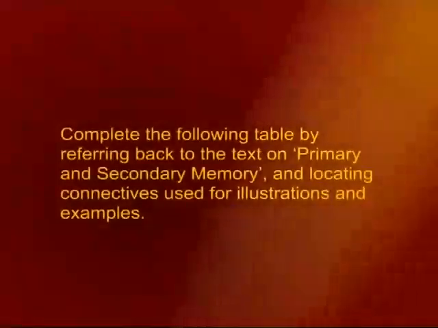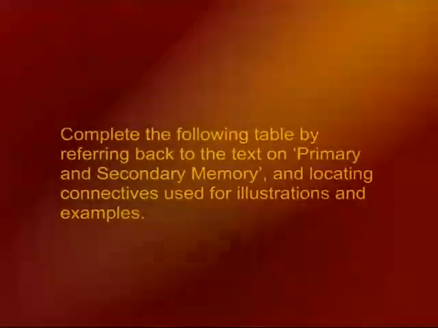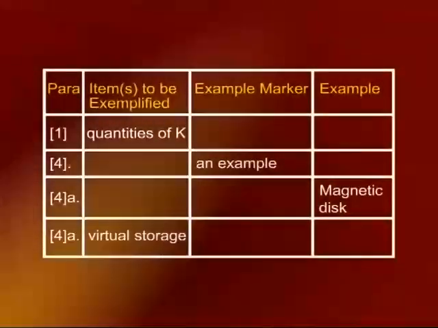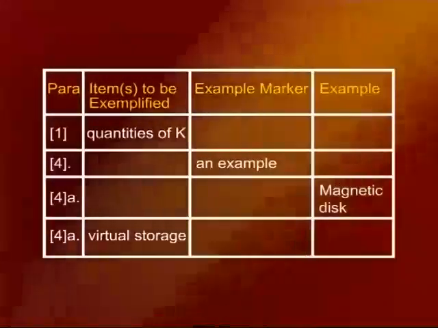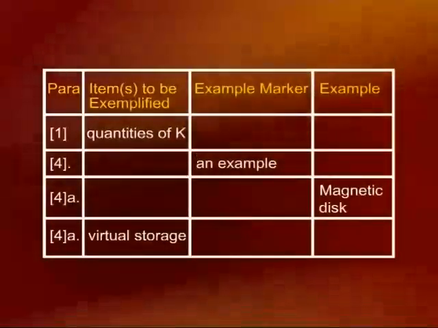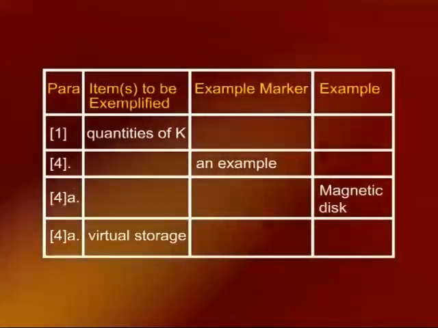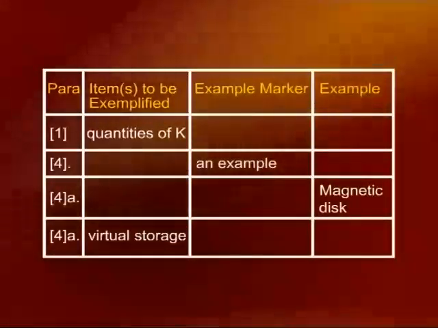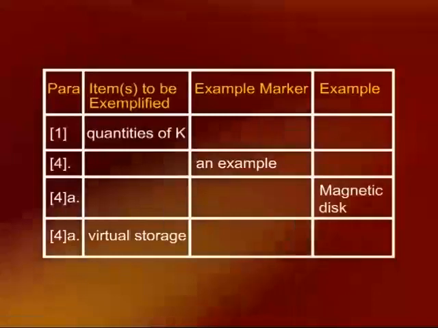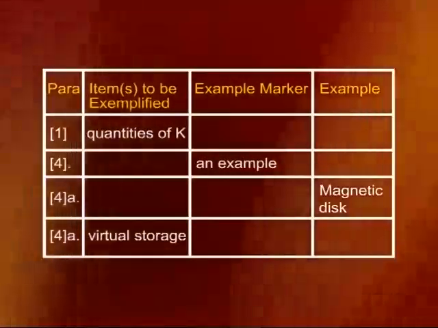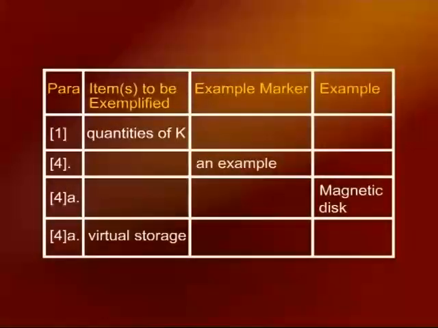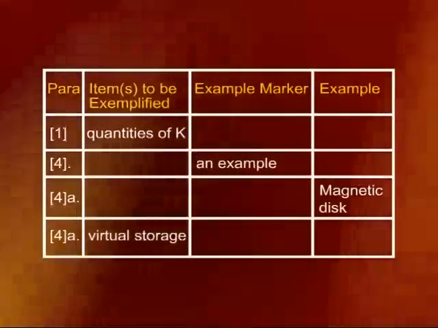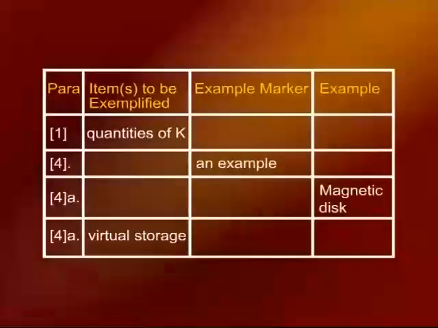A table is given to you and you complete it by referring to the text. Right? The text on primary and secondary memory, and you locate the connectives that have been used for illustrations and examples. Right? Now, in paragraph 1, the table has 3 headings.